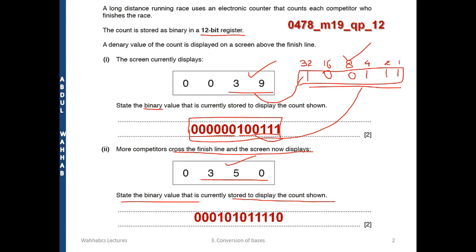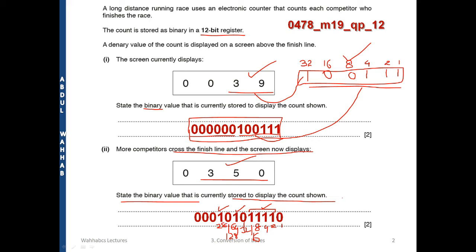So you can see this one, 1 2 4 8 16 32 64 128 256. Whenever you add up the values with the ones, so we can say it is 1 2 4 8 16 32 64 128 and 256.